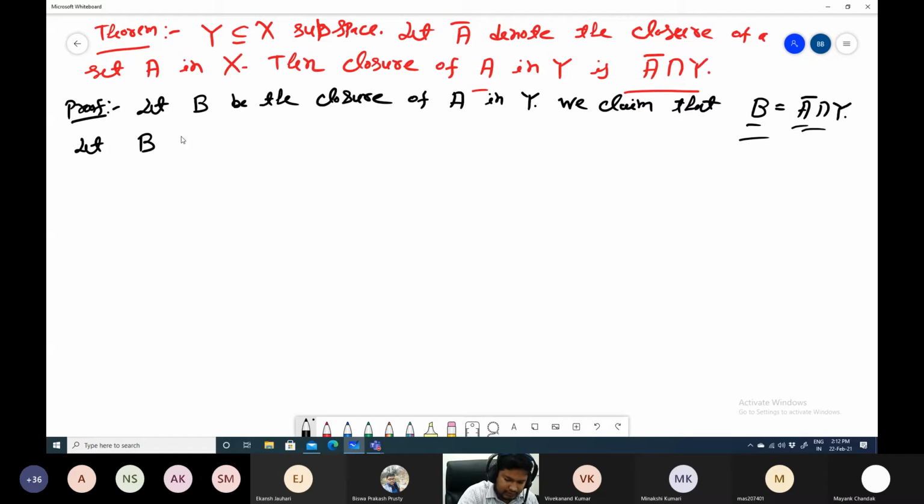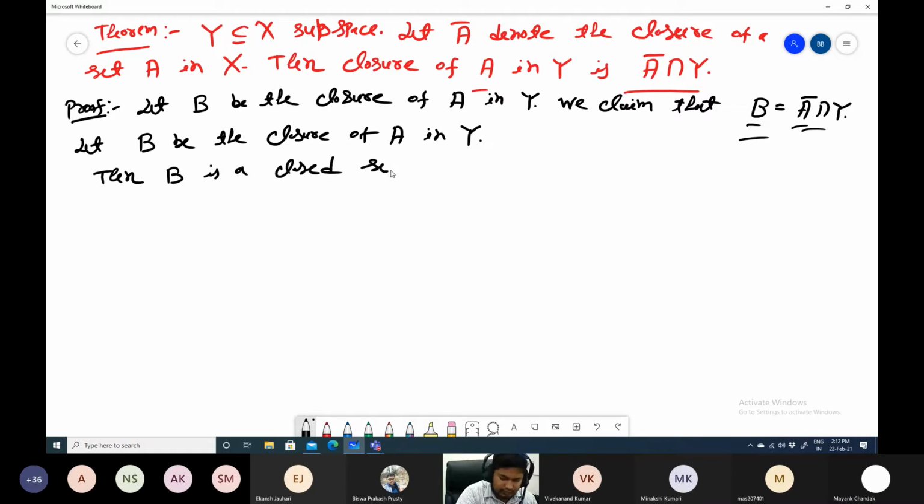So let B be the closure of A in Y. We assume this first. Now since B is the closure of A, that means B is a closed set containing A in Y. Now what does it mean?